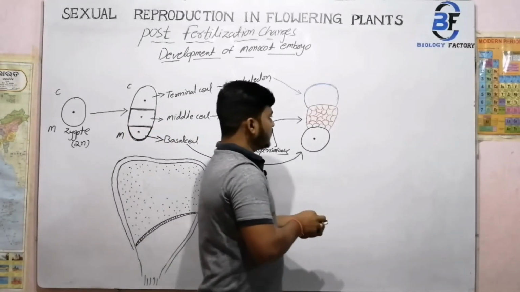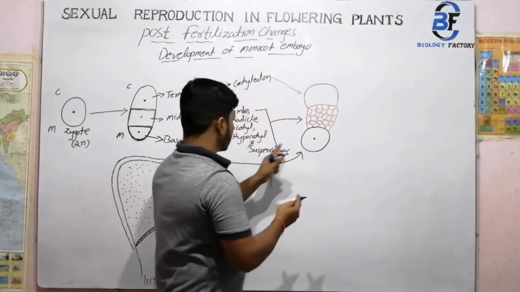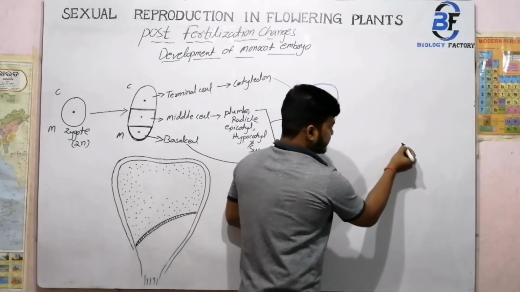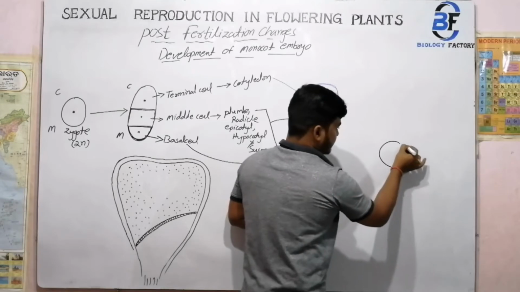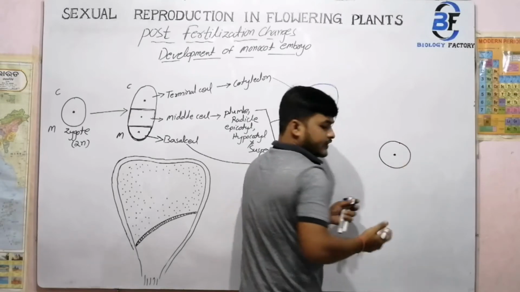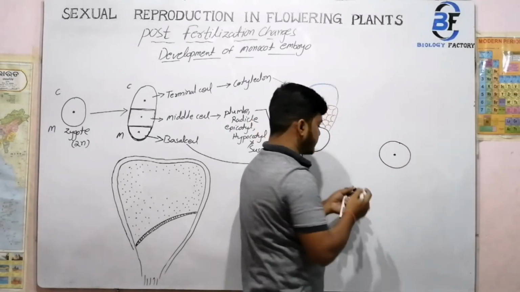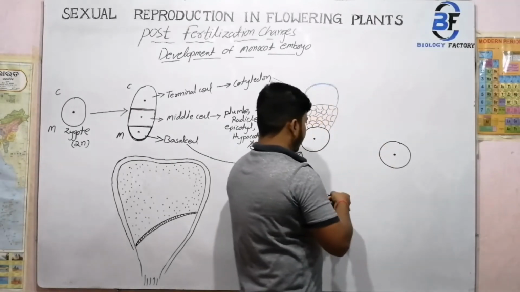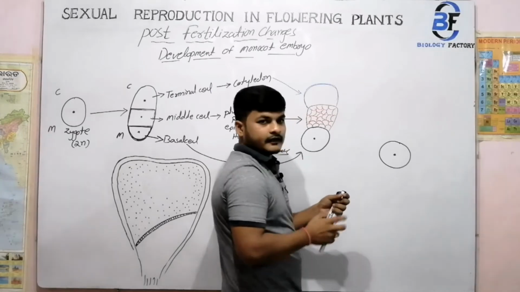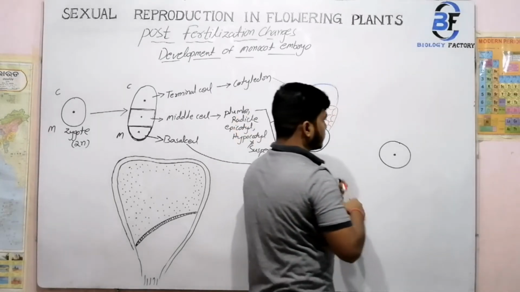So here is the next structure. The basal cell is formed as it is. After the divisions, the basal cell is formed as it is. I told you that there are no changes that take place in the basal cell. That means a little bit bigger cell is formed as such. Next, the middle cell. That means the major changes take place here.